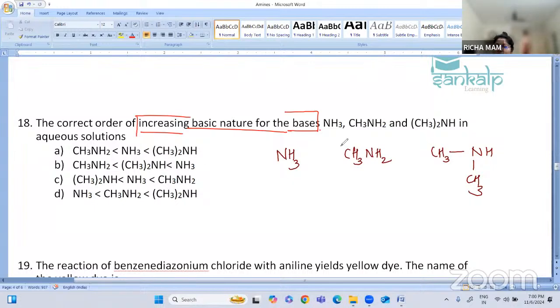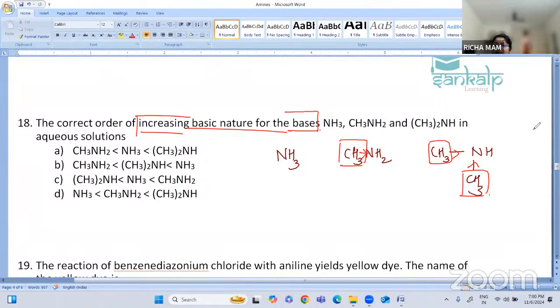So what is the role of these methyl groups? Is it an electron donating group or withdrawing group? They are electron donating groups, right?